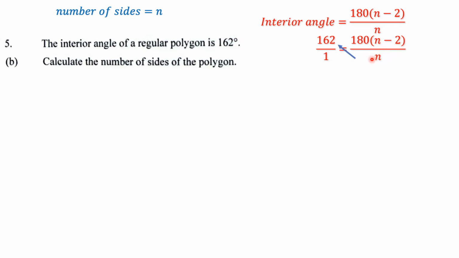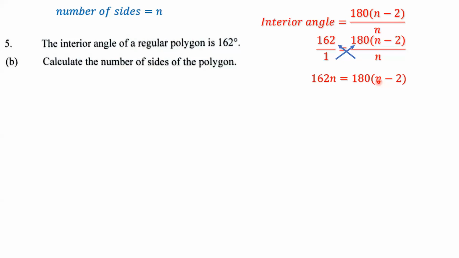We multiply the n by 162, and we multiply the 1 by 180 times n minus 2. So n times 162 is 162 times n, and 1 times 180 times n minus 2 is 180 times n minus 2, because 1 times the quantity is the quantity itself.